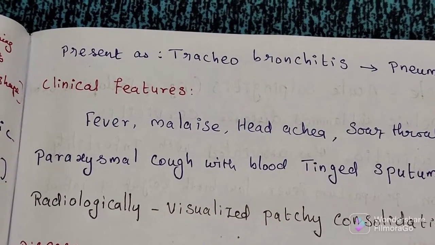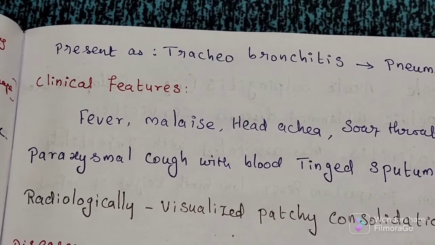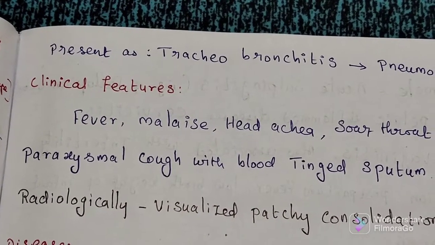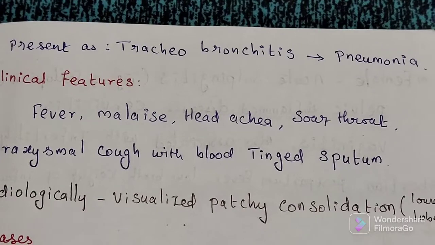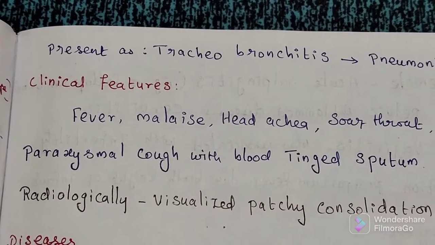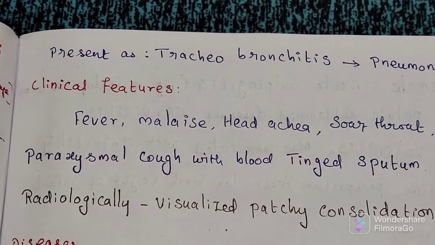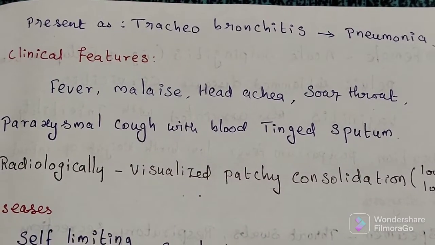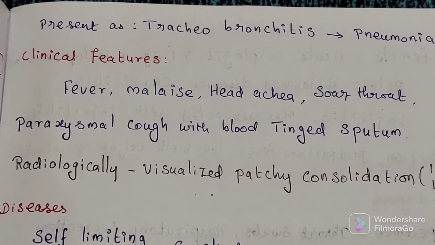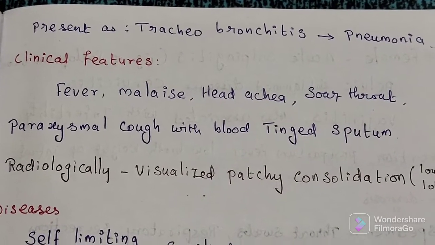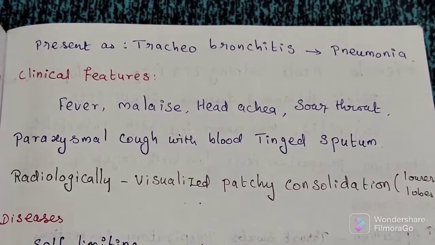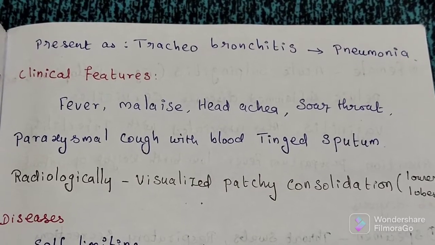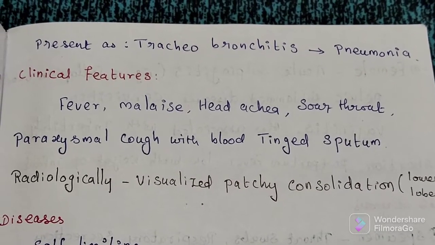Then the clinical features of pneumonia: gradual onset of fever, malaise, headache, sore throat, and paroxysmal cough with blood-tinged sputum.